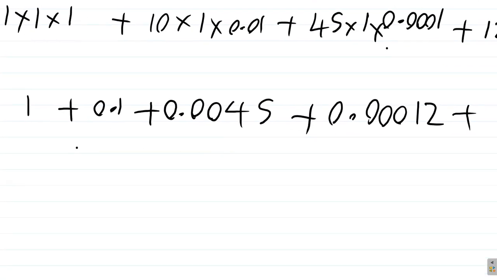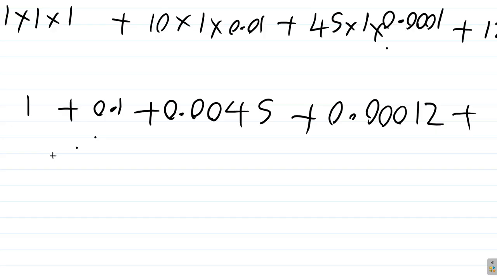So we add these up: 1 plus 0.1 plus 0.0045 plus 0.00012 equal.